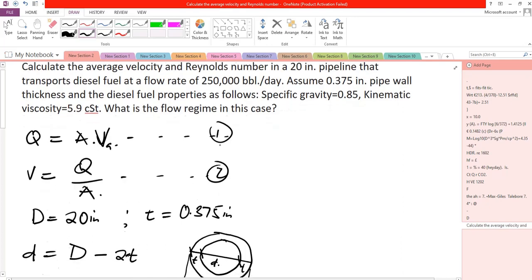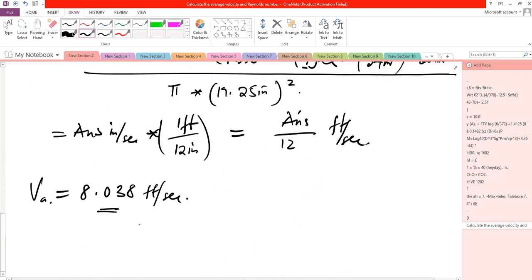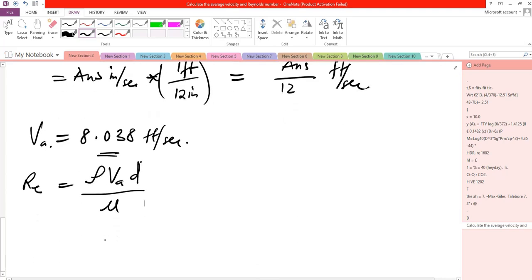Now we need to calculate the Reynolds number. Reynolds number is density times the average velocity times the internal diameter divided by viscosity.